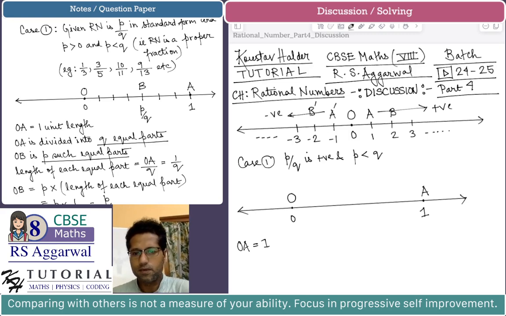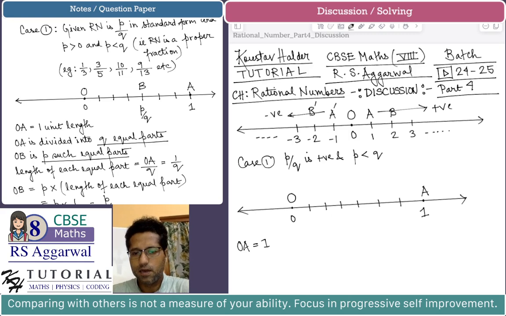Now I divide the segment OA into q equal parts. Why q? Because the rational number is p by q and q is the denominator. So whatever the denominator is, q, I will divide OA into q such equal parts.